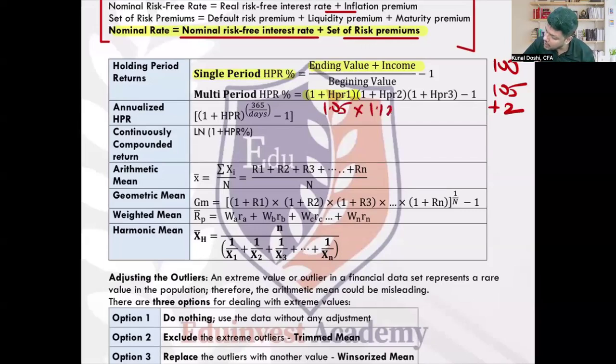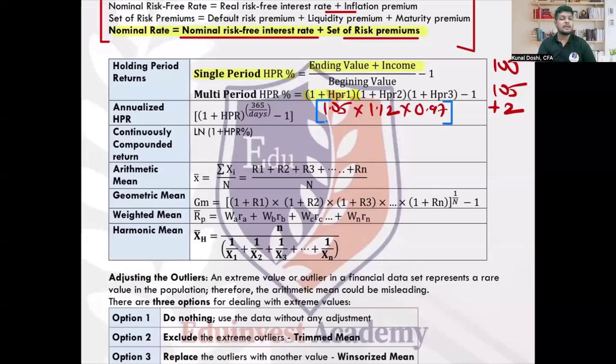So I'll do 1.12 compounded. Third year return is, let's say, minus 3. Minus 3 from 1 is 0.97. So all of this compounded, when I say compounded, means I will multiply them, minus 1. The total will be my multiple period HPR.